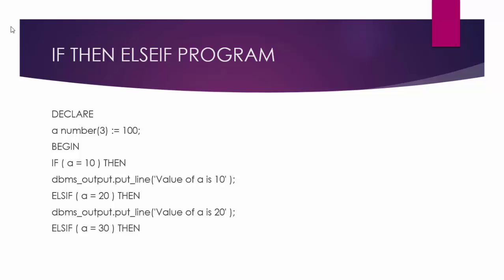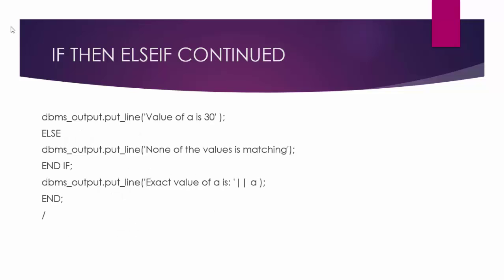In the begin clause, we check if a equals 10, then dbms_output.put_line value of a is 10, which is not our case. Again we check else if a is 20, then we print value of a is 20. Again this is false. Then we check else if a is 30, then print value of a is 30, which is again false.